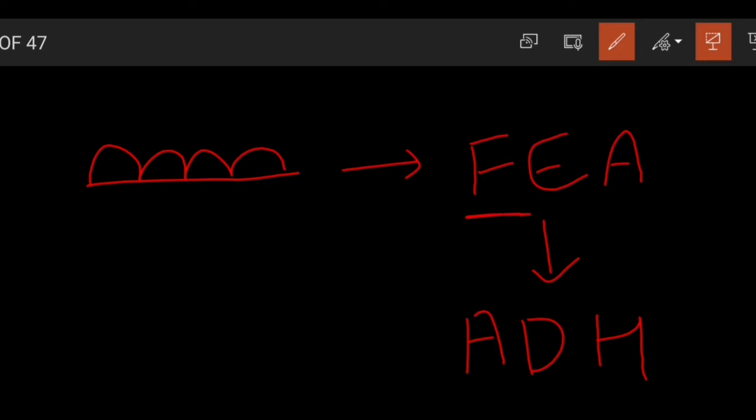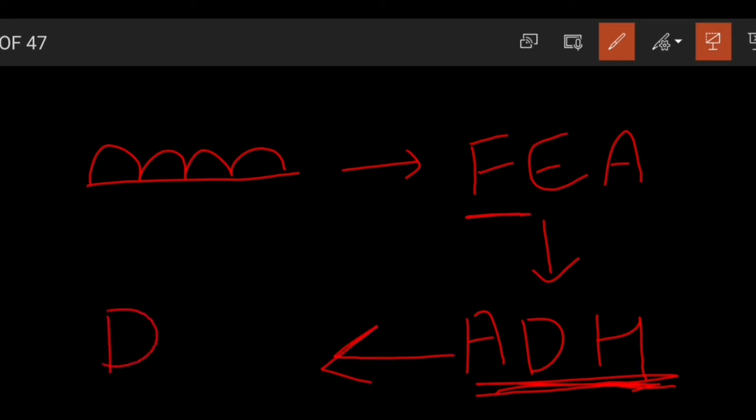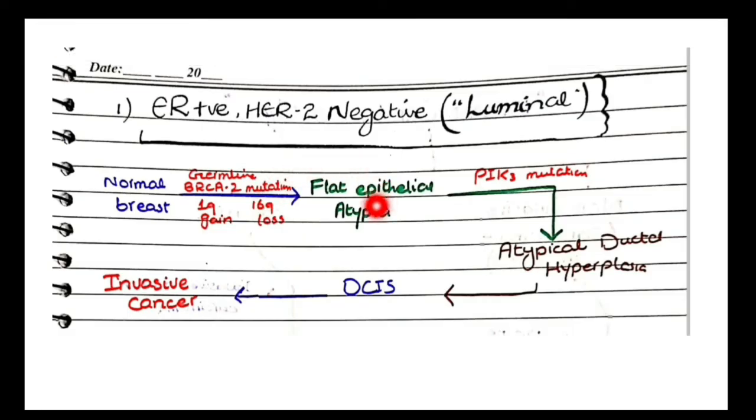Initially it was a flat lesion because there was only a single layer of cells, but now as the atypical cells proliferate, it results in hyperplasia known as atypical ductal hyperplasia. Then the atypical cells become so dominant in quantity that we call it ductal carcinoma in situ, and after that ductal carcinoma in situ transforms into invasive breast cancer. So the precursor lesions are: normal breast turning into flat epithelial atypia, which results in atypical ductal hyperplasia, which leads to ductal carcinoma in situ, and ultimately invasive carcinoma of the breast.